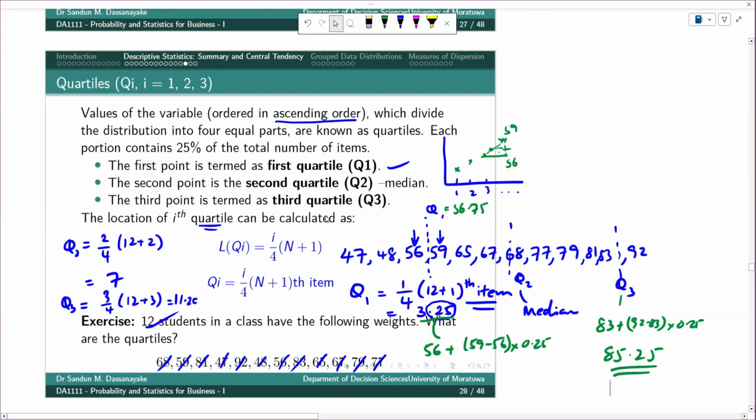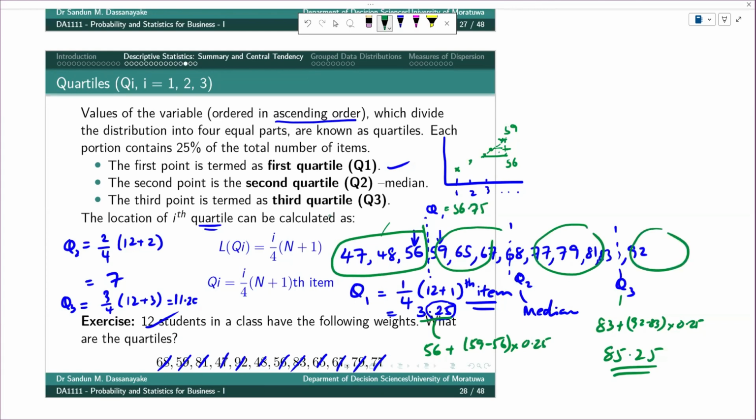Now that's about quartiles. The interesting thing about quartiles is when you divide the distribution into Q1, Q2, Q3, it separates the distribution into four places. So you have this one, and this one, and this one. Q3 minus Q1 is known as the interquartile range.